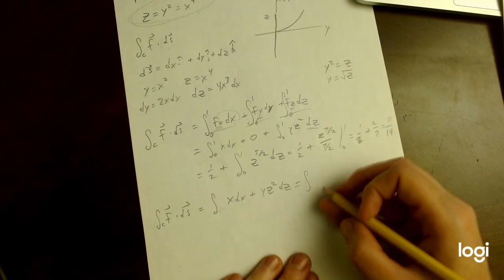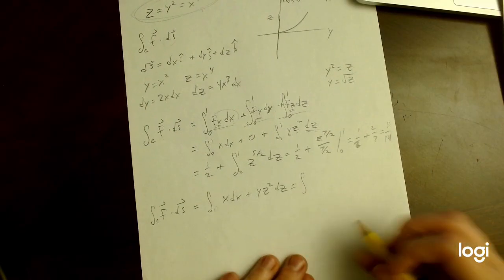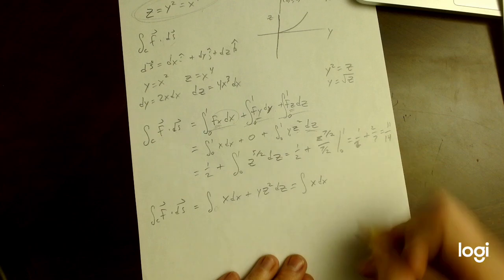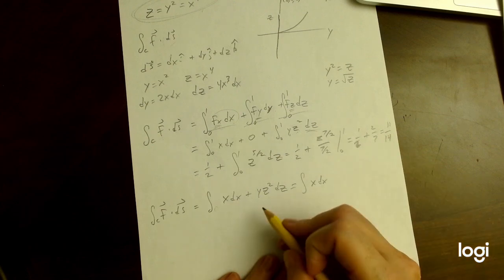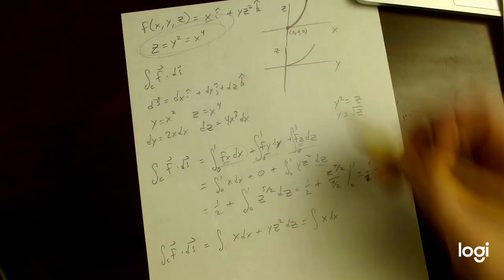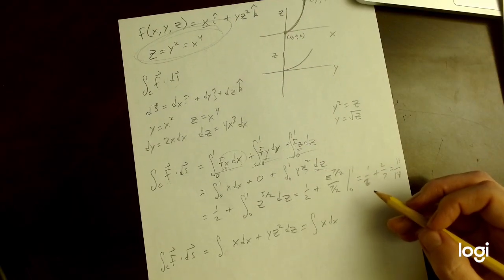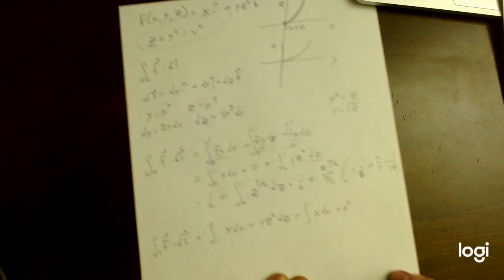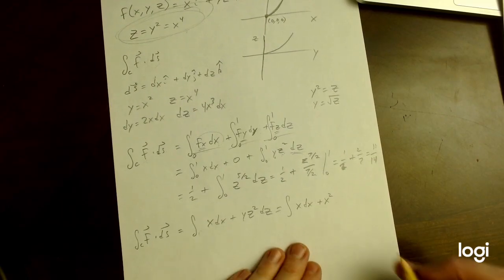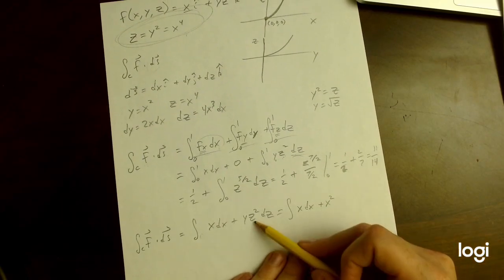I'll skip the limits for now until I get this all in terms of x, but I get x dx, and then I have y, which, since y squared equals x to the fourth, means y is just x squared, and z squared.